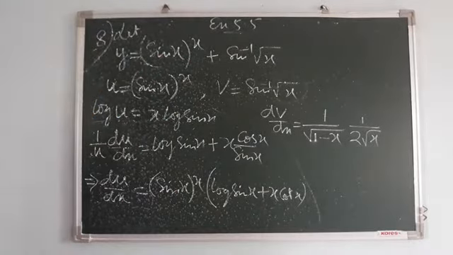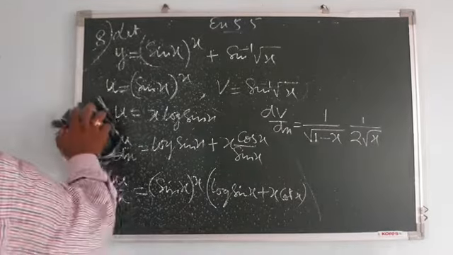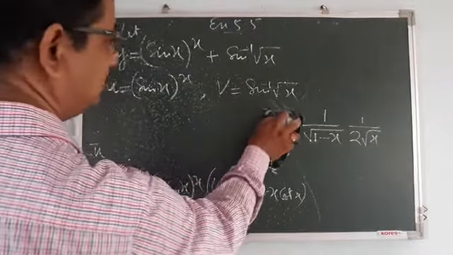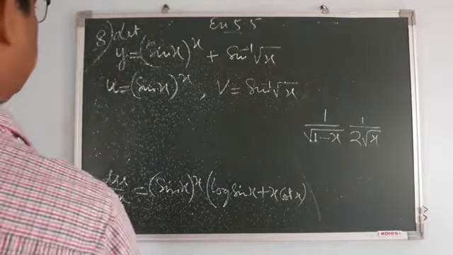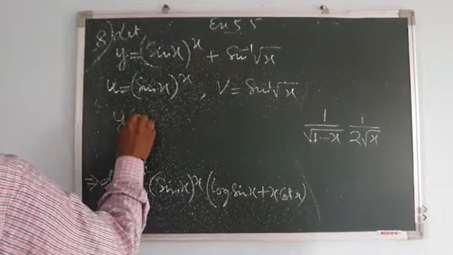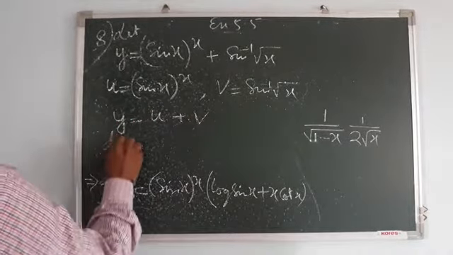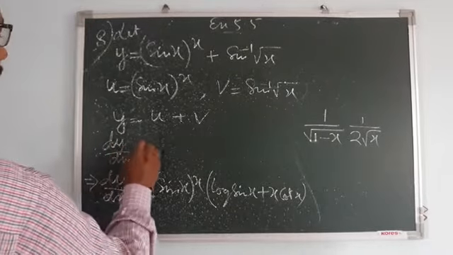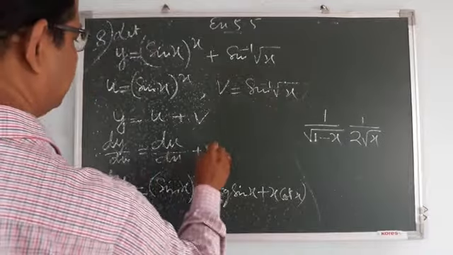Now we come to the end of this one. y is u plus v, so dy dx will be du dx plus dv dx.